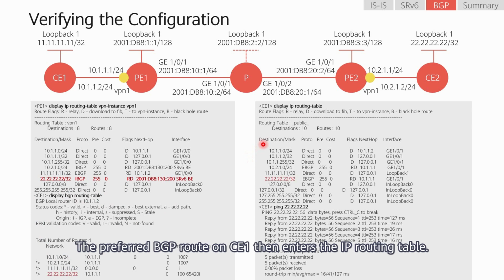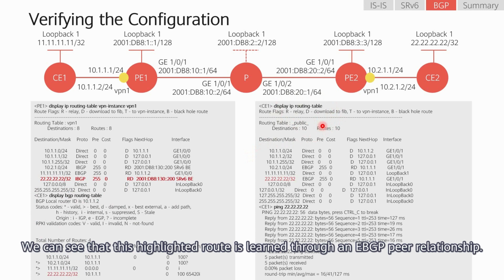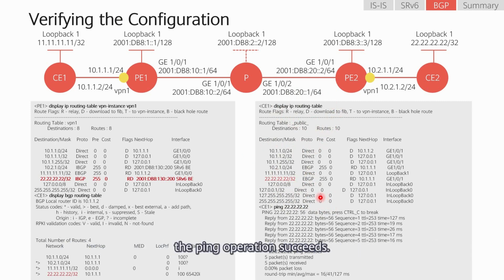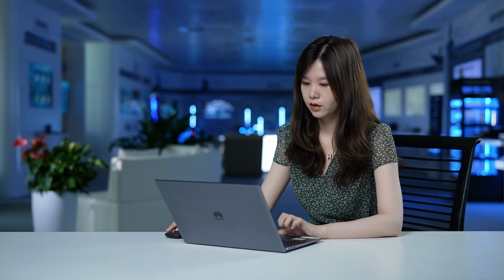The preferred BGP route on CE1 then enters the IP routing table. We can see that this highlighted route is learned through an eBGP peer relationship. After we run the ping command on CE1 to ping the IP address of CE2, the ping operation succeeds. This indicates that the configuration is successful.